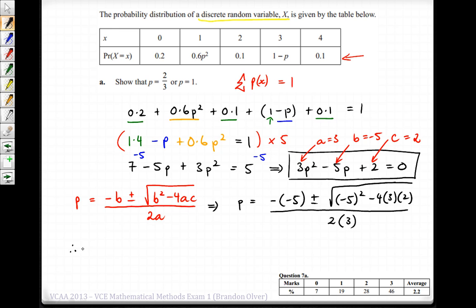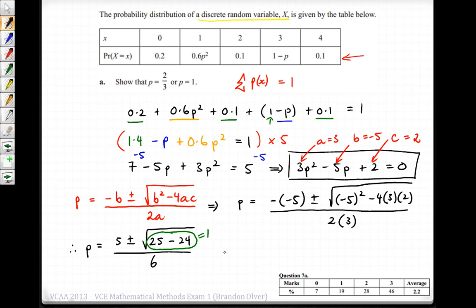So therefore p equals, and we're going to find that -5 gives +5 plus or minus the square root of -5 squared, which is 25, and then 4 times 3 is 12 times 2 gives me -24, all on 6. So under my square root sign, this just becomes equal to 1.